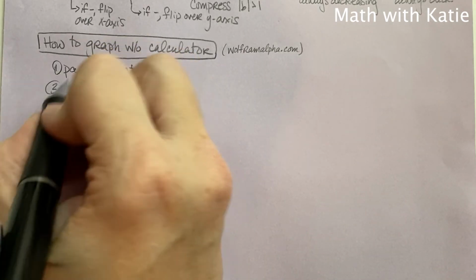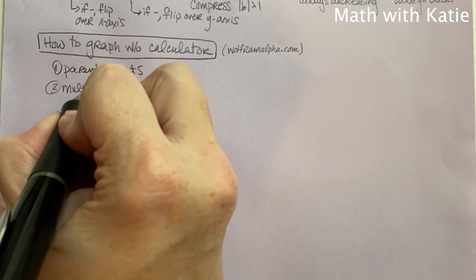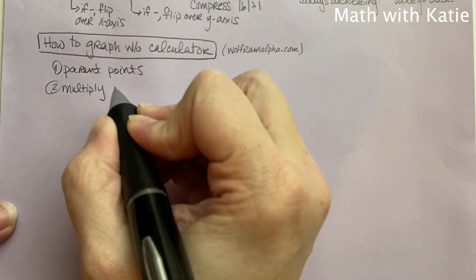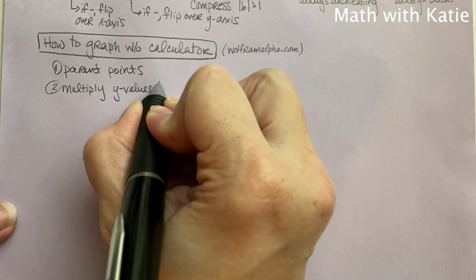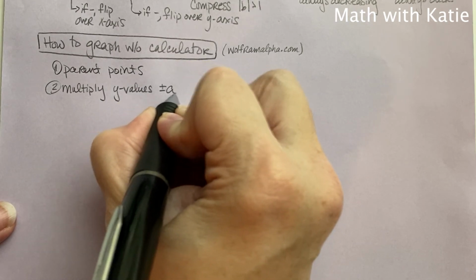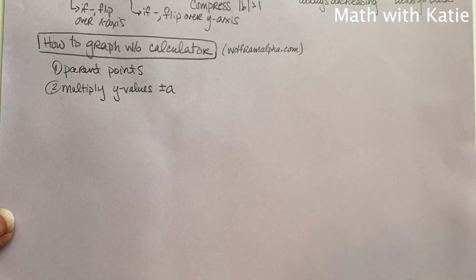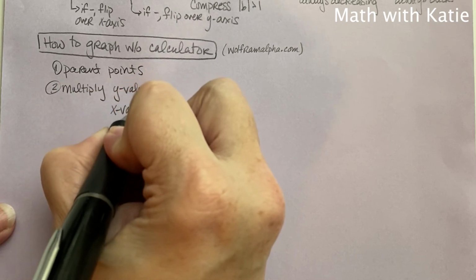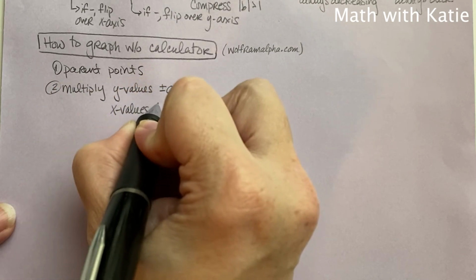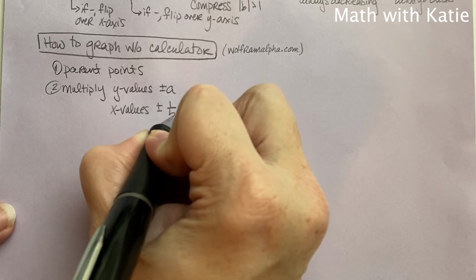Second, you're going to multiply your y values by the plus or minus a that was out in front. Okay, so the vertical stretch or shrink, and also if you're going to flip over the x-axis. But you're going to multiply your x values by plus or minus 1 over b.